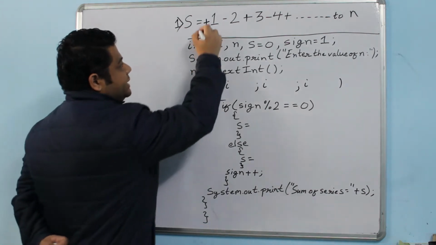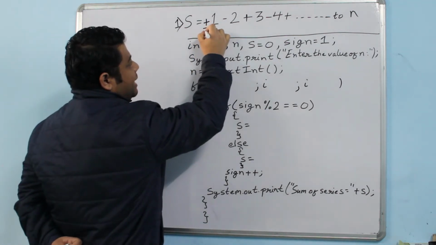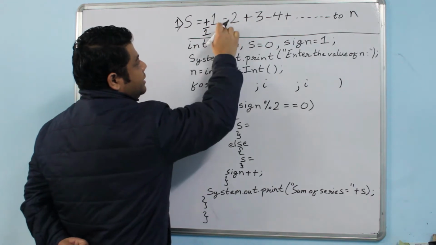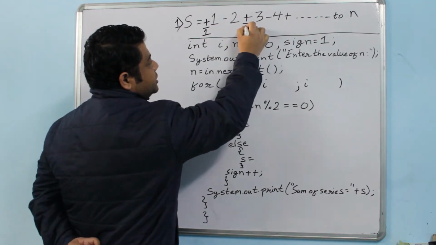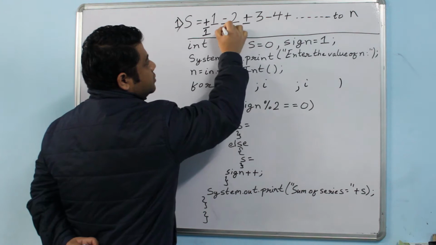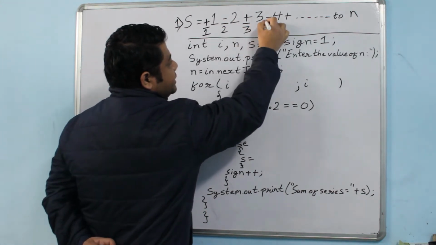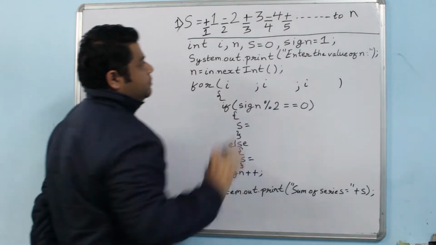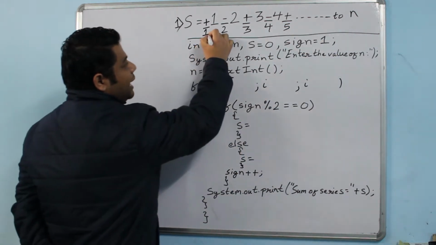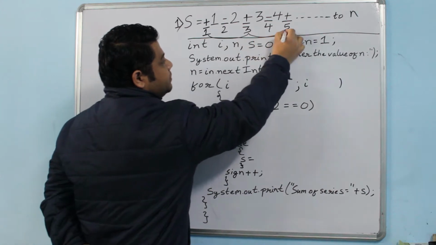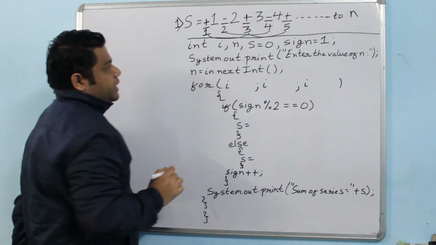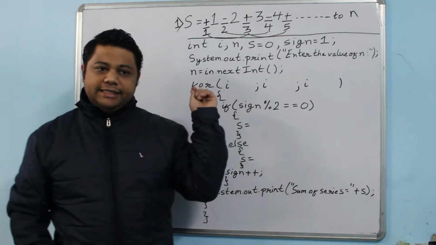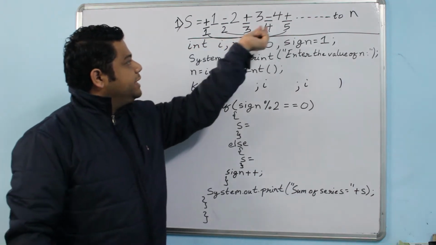So what I'll do over here is mark the position. This is position 1, this is position 2, position 3, position 4, and position 5, and so on. And I'll group the plus signs together and the minus signs together. If you see the grouping of plus signs, we have 1, 3 and 5.